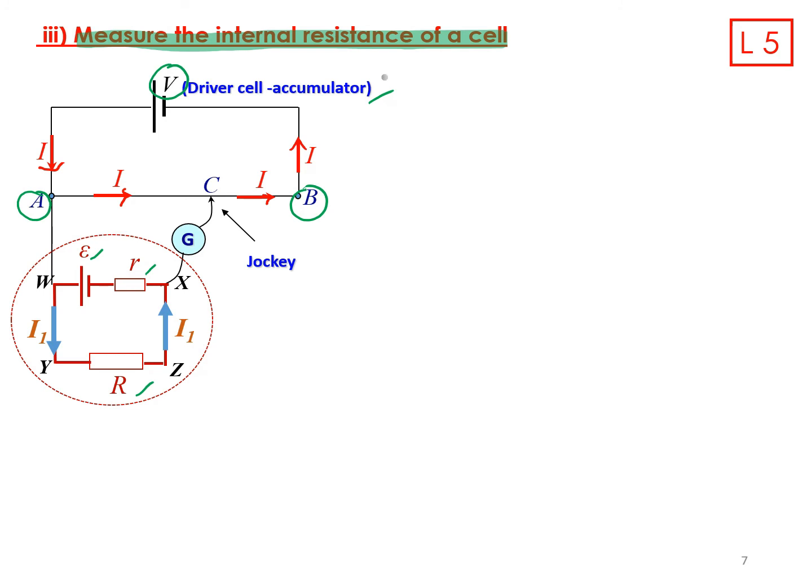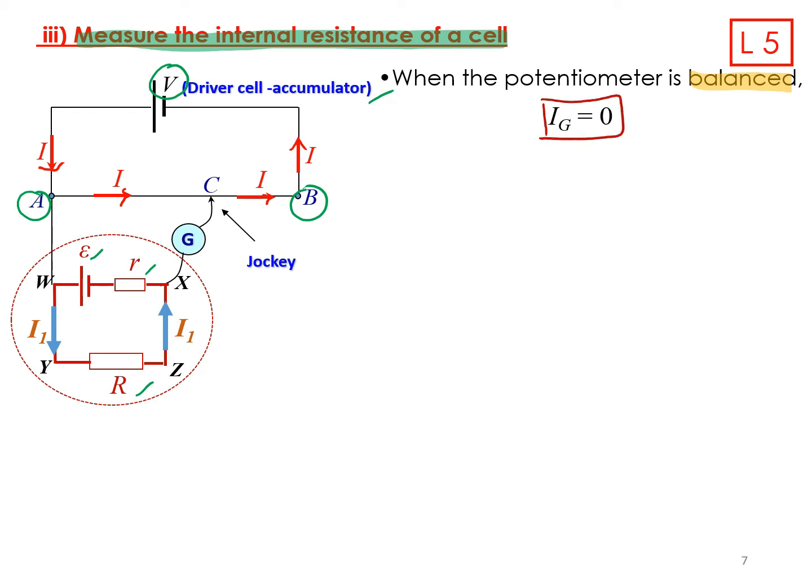Why? Because as we know, in balance condition of the potentiometer, the current across the galvanometer should be 0. So there is no current that can pass through this wire.